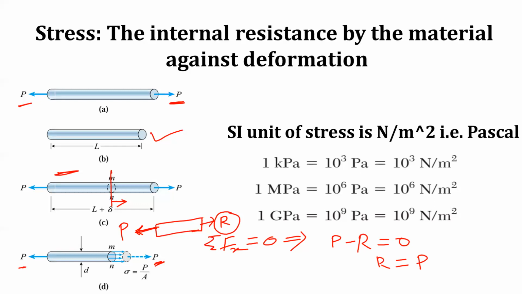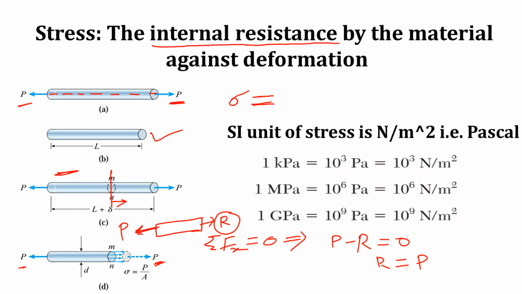Okay. And this is applicable if the load is axial, that means the load is acting along the axis. Mathematically, this stress is indicated by sigma. By the technical definition, it is internal resistance.